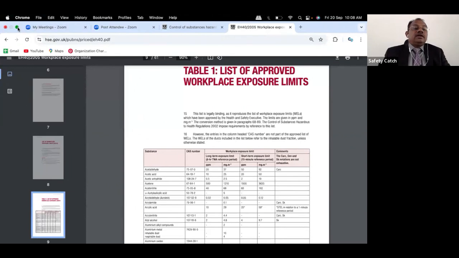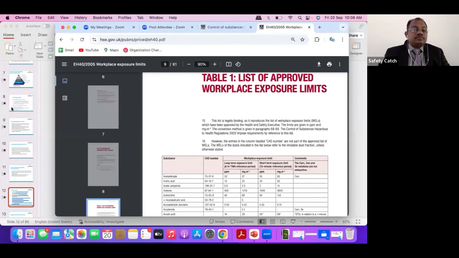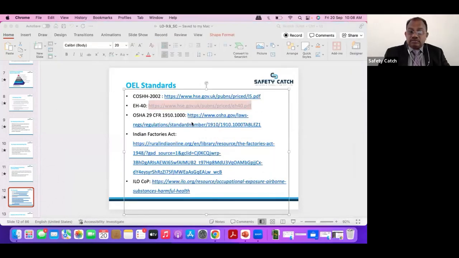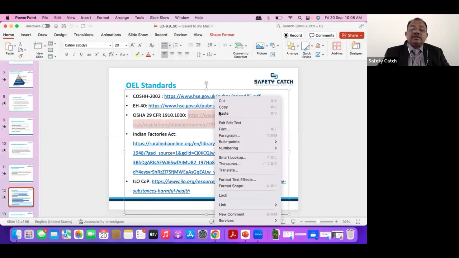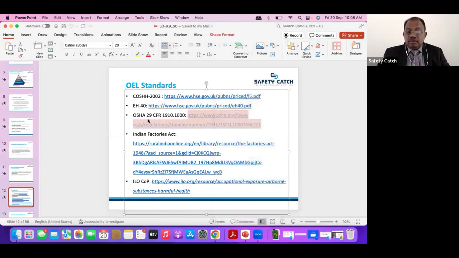Then we are coming to the next one, which is OSHA. Suppose you are working in an American company, you may have to refer to the OSHA standard. So you can note down the standard number here, OSHA 29 CFR 1910.1000.